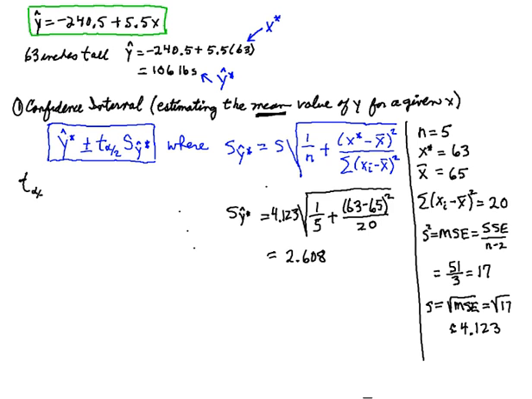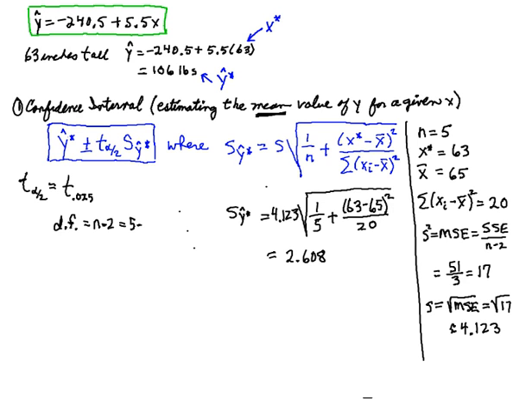Okay, now the other thing we need is our t-value. So t alpha over 2, we're doing a 95% confidence interval, so that'd be 0.025. That would be the column we're going to look at in our t-table. And the degrees of freedom is coming from our MSE. So that would be n minus 2, sample size being 5.